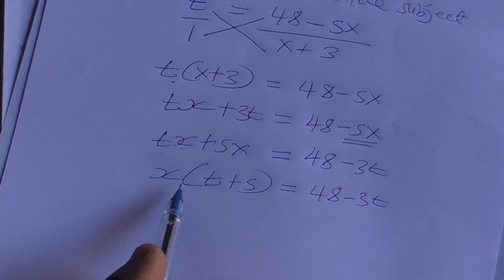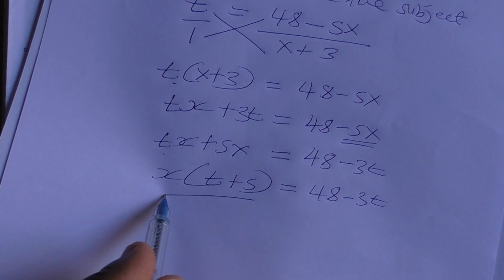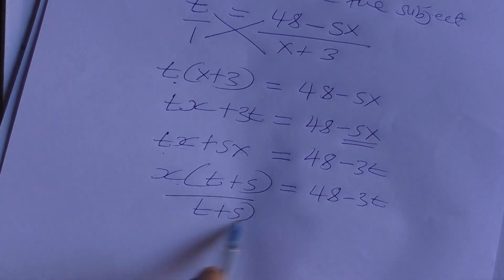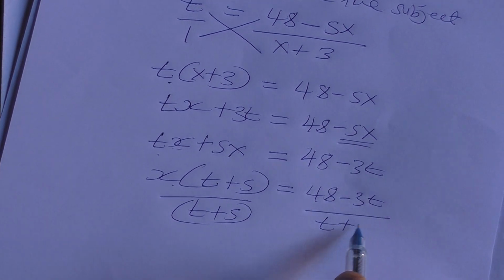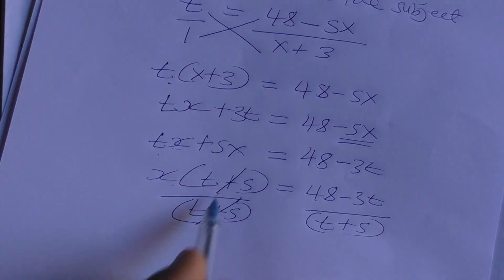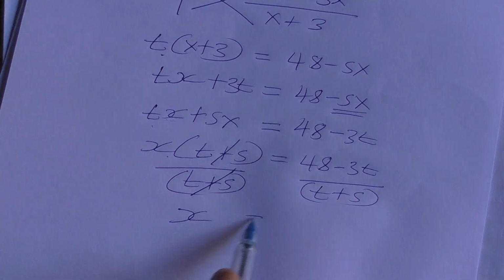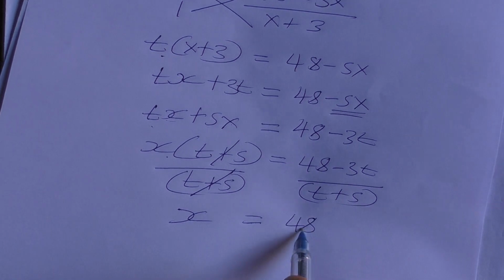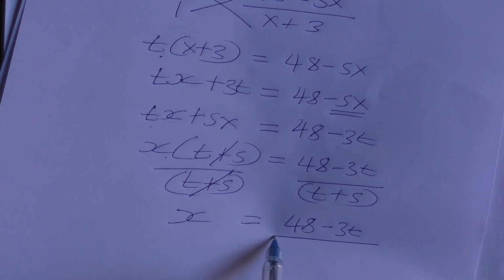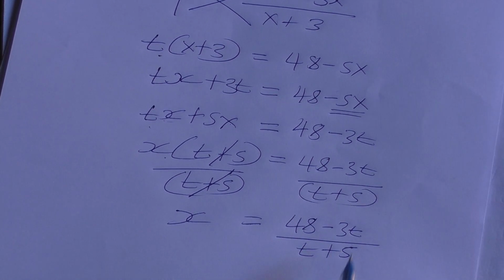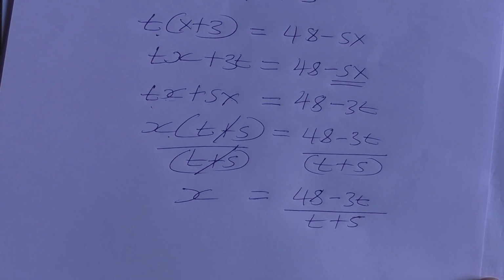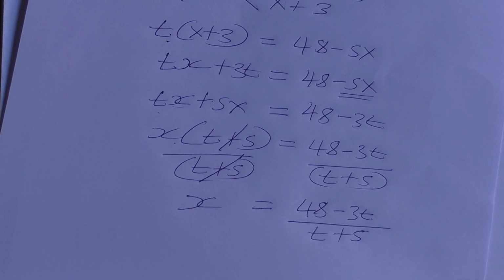Then since you want to remain with x, divide throughout by t plus 5. Then you have your x as 48 minus 3t over t plus 5. That is step 2.